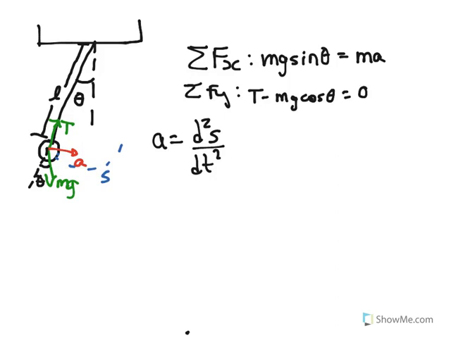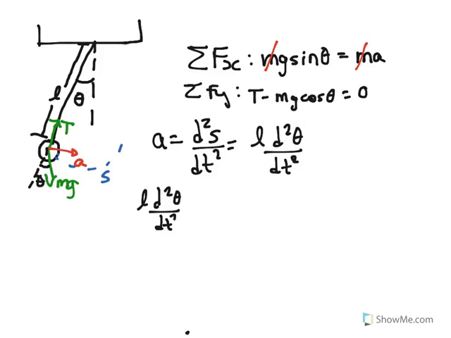And we can actually express it as well in terms of the angle theta as length times the second derivative of the angle theta with respect to time, such that we can express the sum of forces in x as, well, mass can cancel with mass, and we have L times the second derivative of theta with respect to time minus g sine of theta equal to 0.